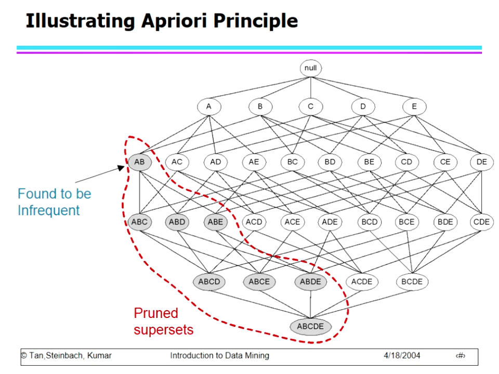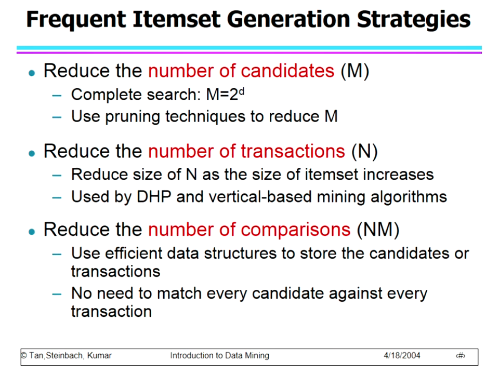To reduce candidates. So here, if AB is not frequent, is infrequent, then all the supersets of AB will be pruned, to reduce the number of candidates.